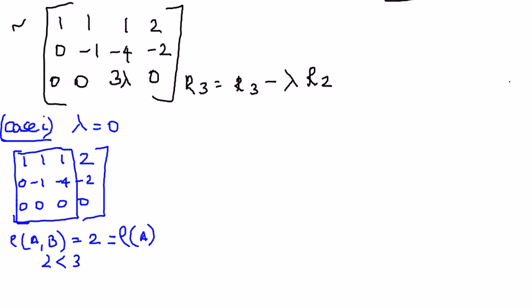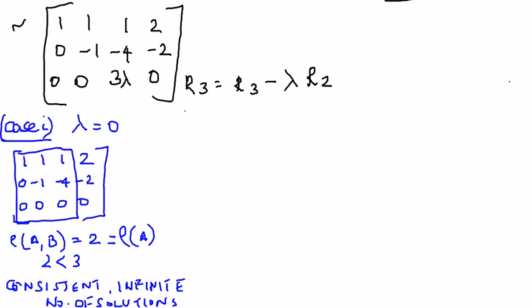So in this case, you can say that the system is consistent because the rank is the same, right? So the system is consistent and it has infinitely many solutions because the rank is not equal to the number of unknowns. So this is case 1, right?